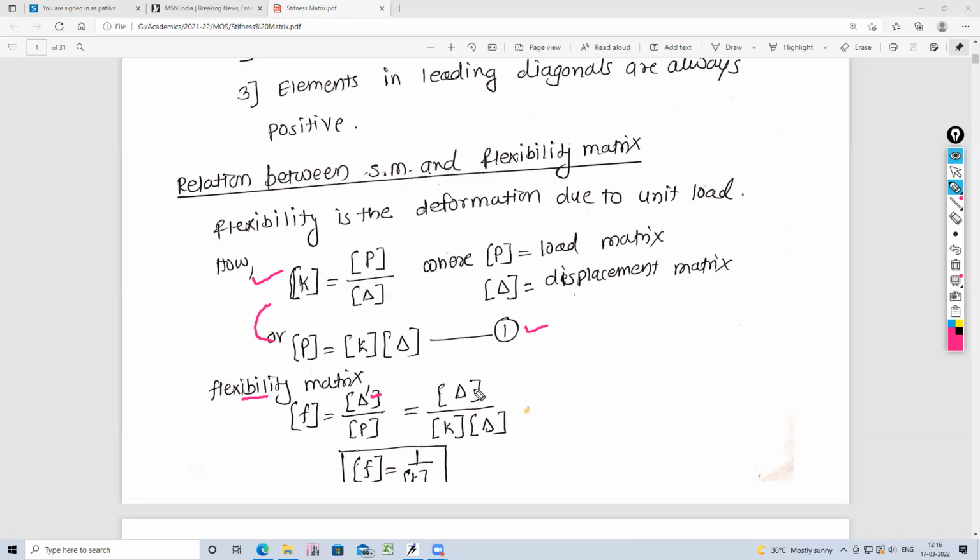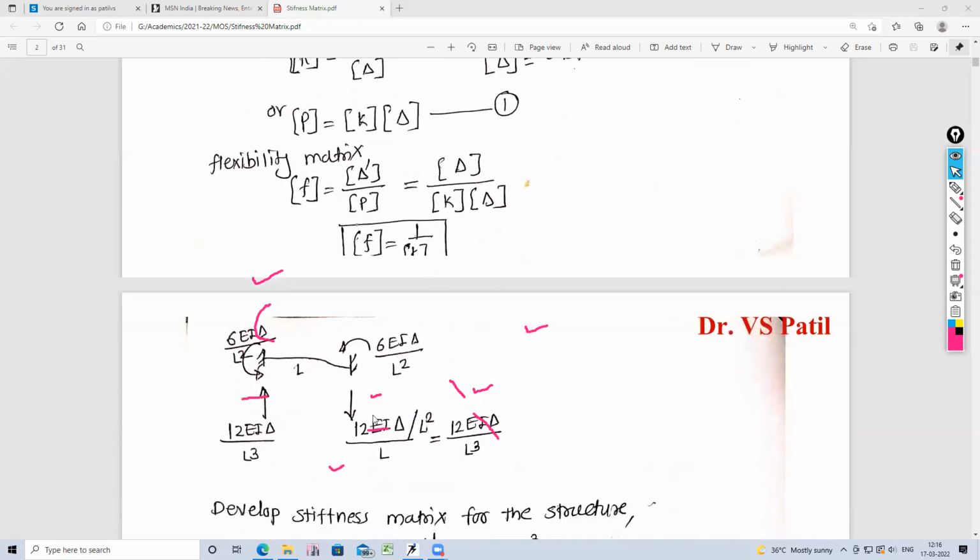Now the load matrix from equation 1 we can write as K matrix into delta matrix. Now this delta matrix gets cancelled, so what remains is only 1 upon K matrix. Therefore the flexibility matrix is always the inverse of the stiffness matrix, or vice versa. So once you have generated the stiffness matrix, find the inverse of that matrix and you will get the flexibility matrix. This is the relation.